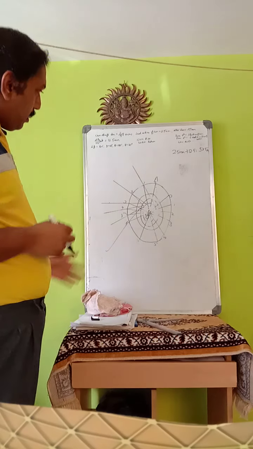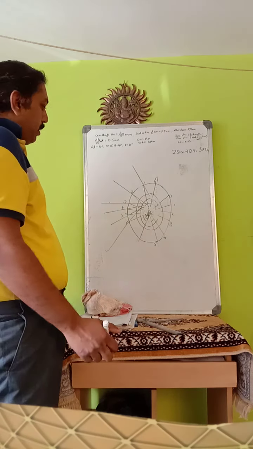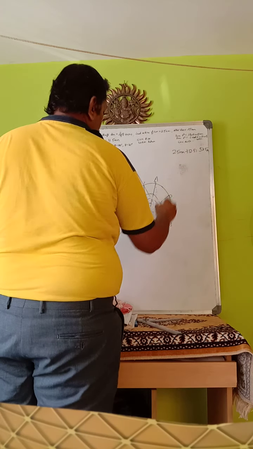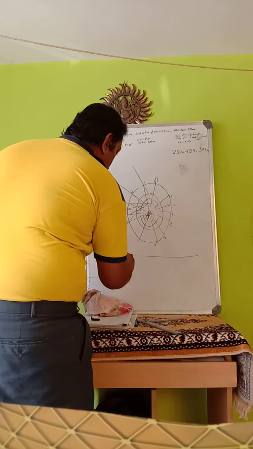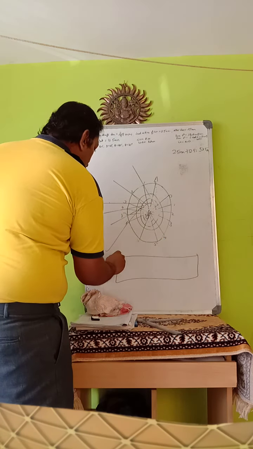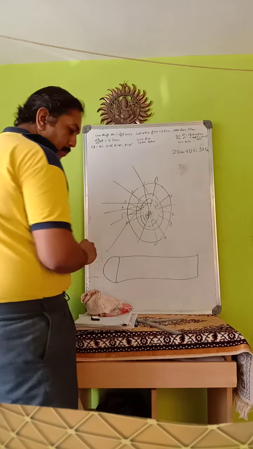So on these extended tangent lines, what we are supposed to do is we will be having the displacement diagram. Okay. So in the displacement diagram, it is simple harmonic rise and UARM return.